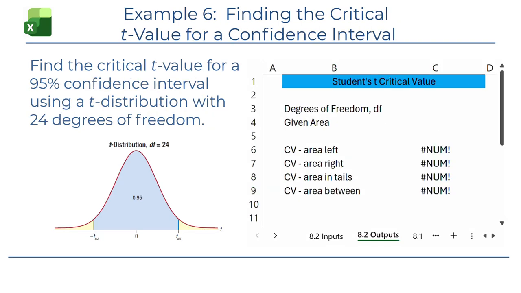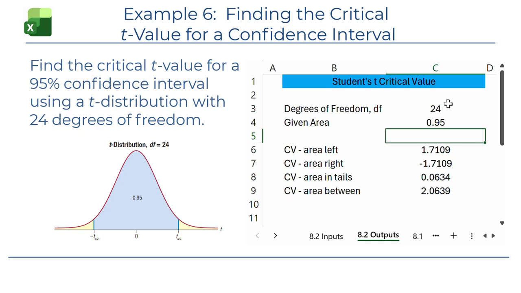For our final example, we're to find the critical t-value for a 95% confidence interval using a t-distribution with 24 degrees of freedom. So again, the degrees of freedom is given. In this case, the area is 0.95, and again, this is a 95% interval. So what does that tell us?